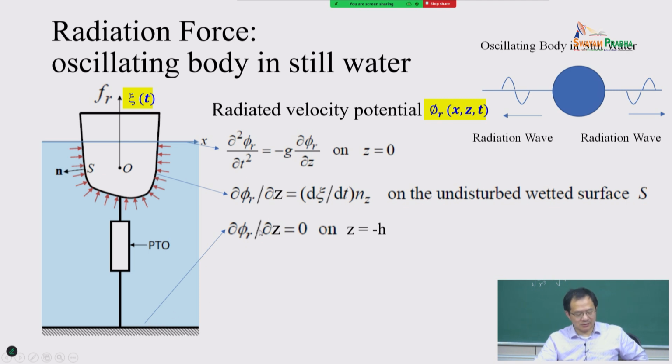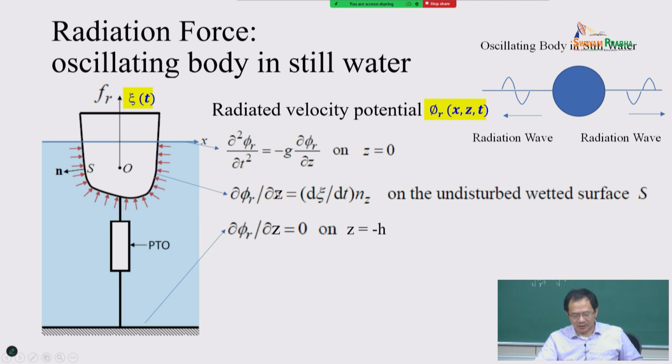In this z direction at z equals minus h, the velocity is 0, right? And on the top surface, you also have this boundary condition at z equals 0.